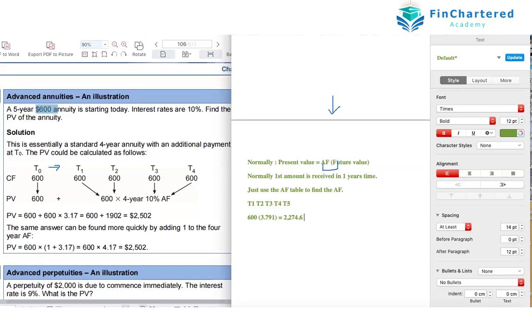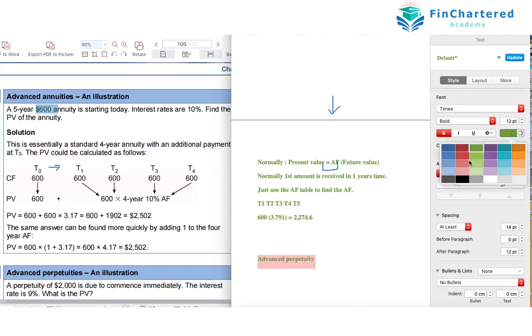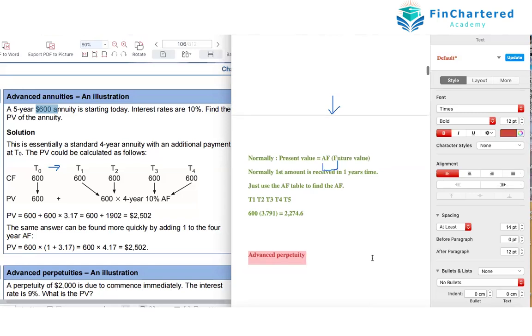But in this case, there is an advanced amount received. The perpetuity is advanced, meaning, again, the formula will remain the same. I'm putting this in green. Right? The formula will remain the same.